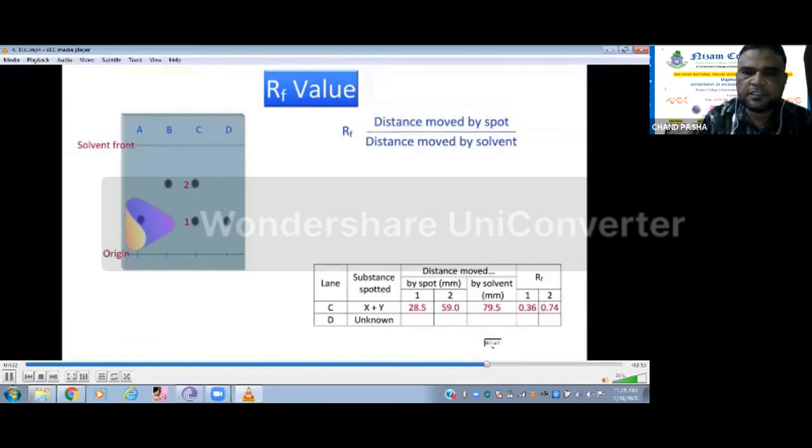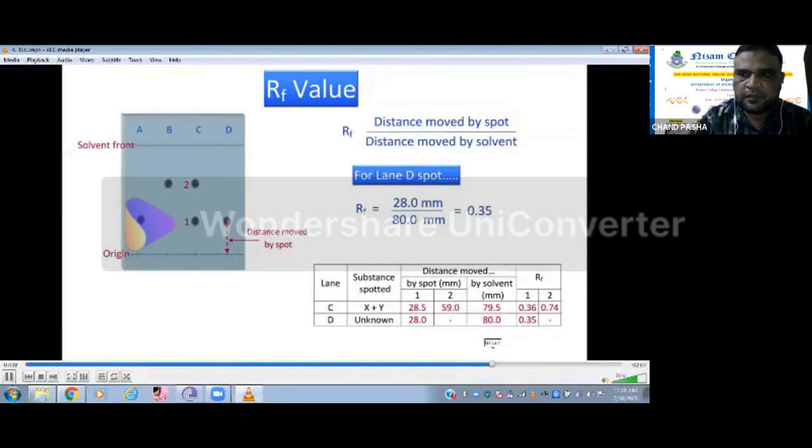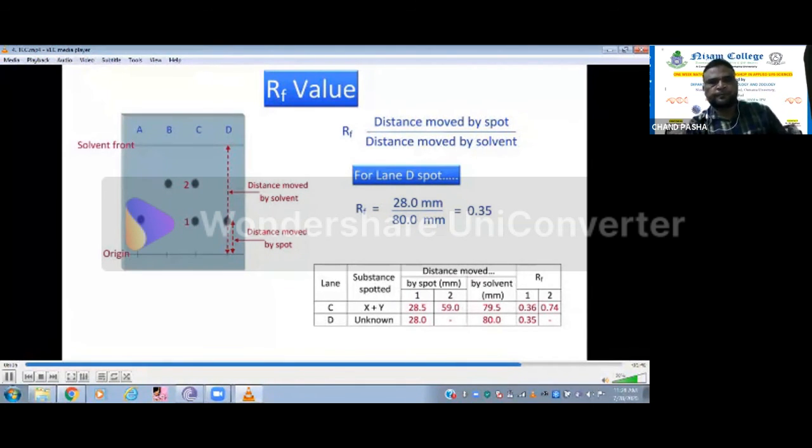The solvent, if it is completely non-polar, so generally carotenes are non-polar. RF values of X is 0.36, Y is 0.74. So here 59 by 28.5. Here 28 by 80, this is 80, I think. So you'll get 0.35. This is how to calculate the RF values.